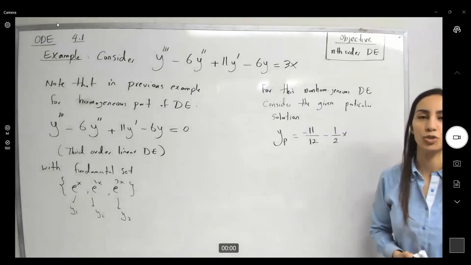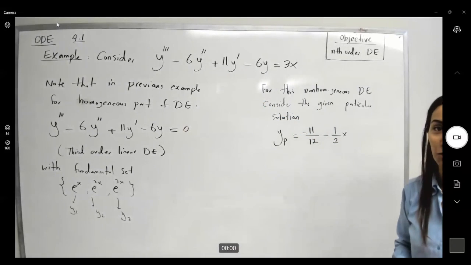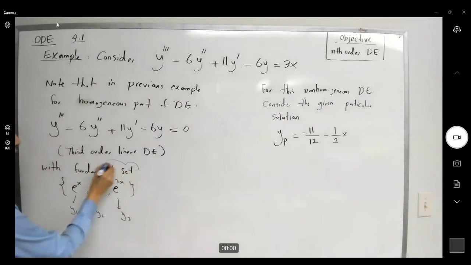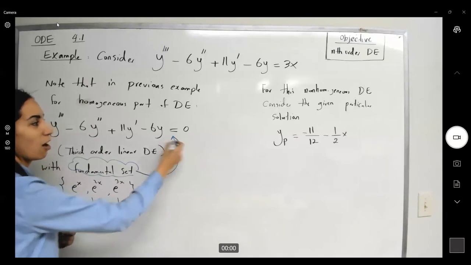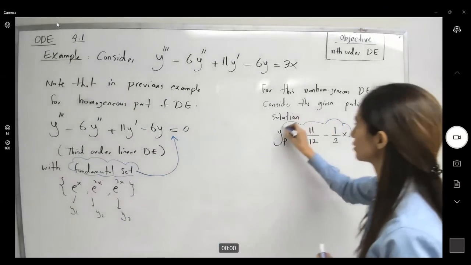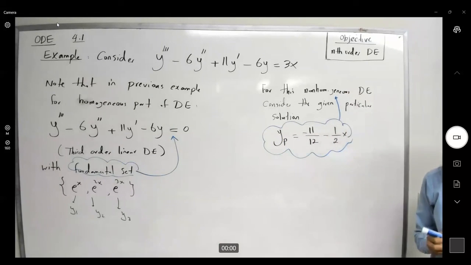Now I ask you, what is the general solution for this differential equation? You have your fundamental set for the homogeneous part. You have a particular solution for the non-homogeneous part.